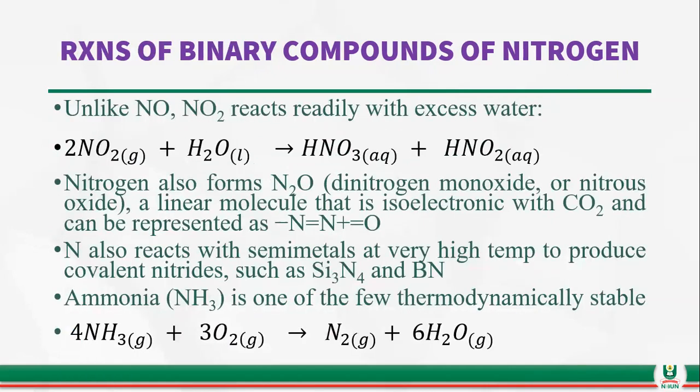Reactions of the binary compounds of nitrogen continue. Nitrogen dioxide actually reacts readily with excess water to form a mixture of two acids, nitric acid and nitrous acid. You remember every time you combine a non-metal with oxygen to form an oxide of a non-metal, they are always acidic oxides.